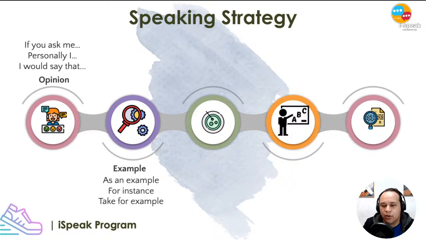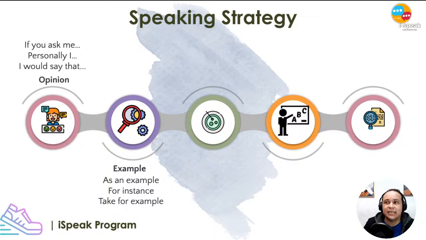Number two, in order for you to organize your idea, try to think about an example, right? Try to think about something that actually happened to you as an example. And ways to introduce examples are: as an example, for instance, take for example, right?